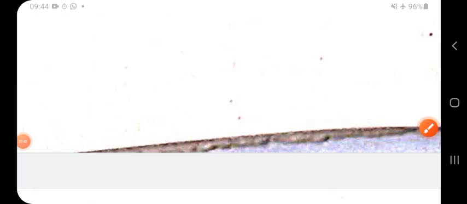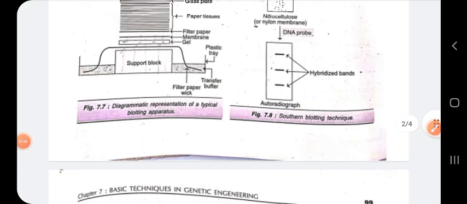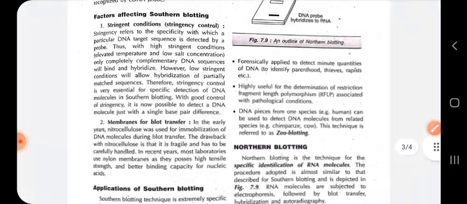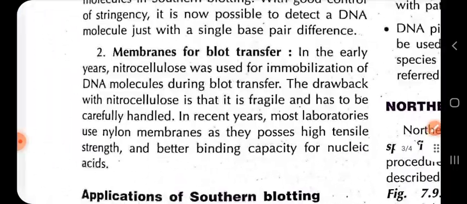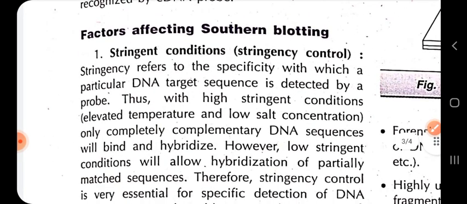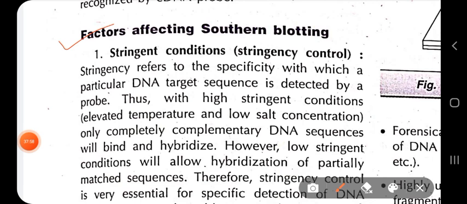Okay, well, what happens in case of Northern hybridization? Well, some more things have been given in Southern hybridization. What are the factors that affect the Southern blotting technique? Let us see. The first is stringent conditions, that is, stringency control.